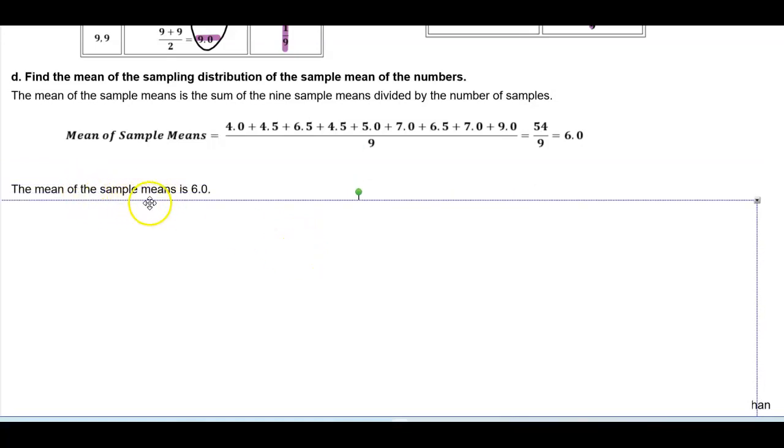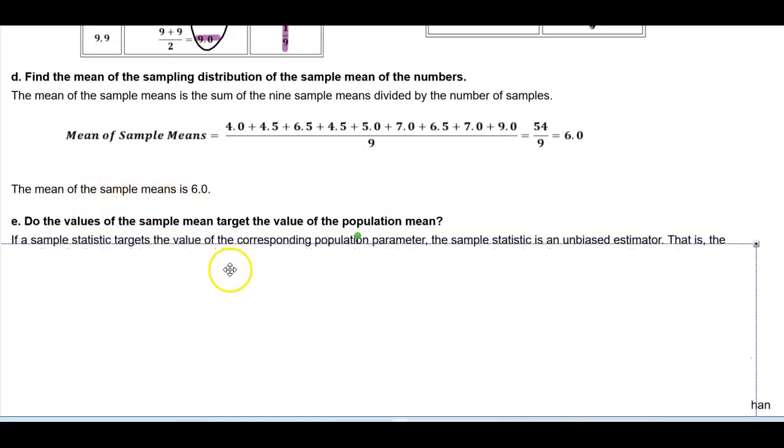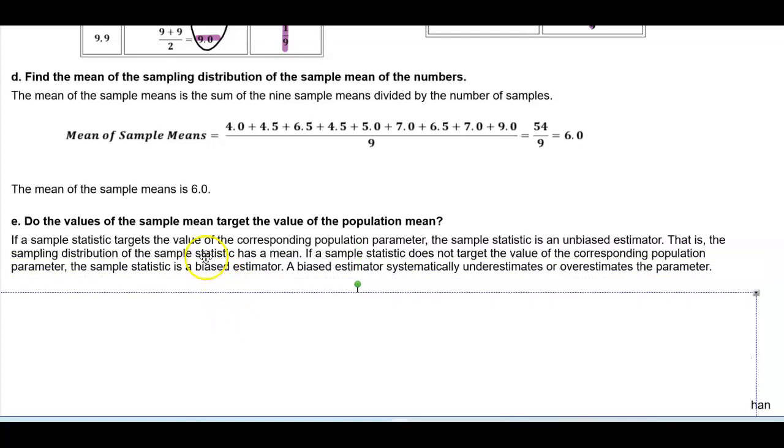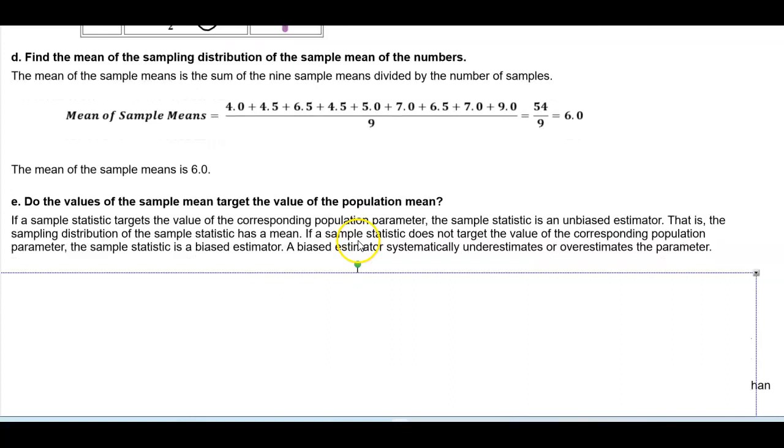So the mean of the sample means is 6.0, and now the question is asked, do the values of the sample mean target the value of the population mean? Now, if a sample statistic targets the value of the corresponding population parameter, the sample statistic is an unbiased estimator. That is, the sampling distribution of the sample statistic has a mean equal to the parameter.